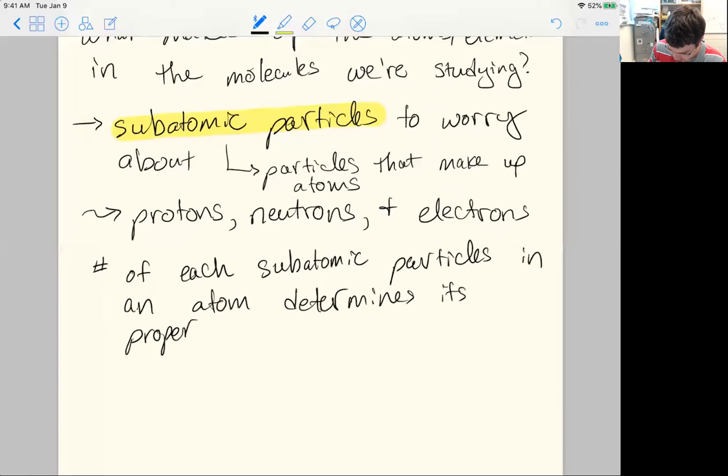So simply by changing the number of each of these subatomic particles within an element, maybe just changing one, like just the proton count, or changing electron count, or changing all of them, will change greatly the properties of the element or the atom that you're studying. And so to really understand why this is the case, we should look at the properties of the subatomic particles.